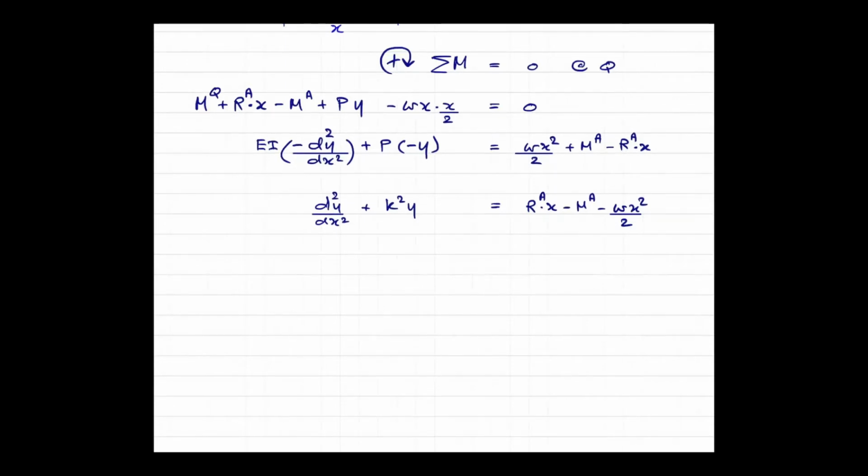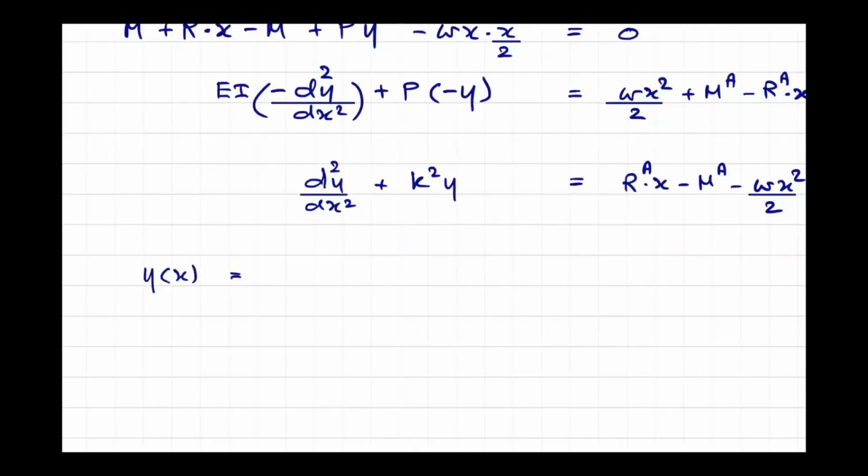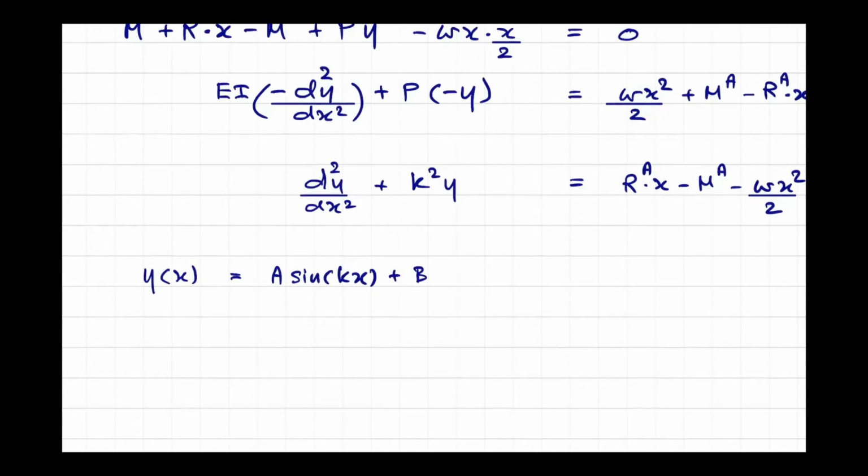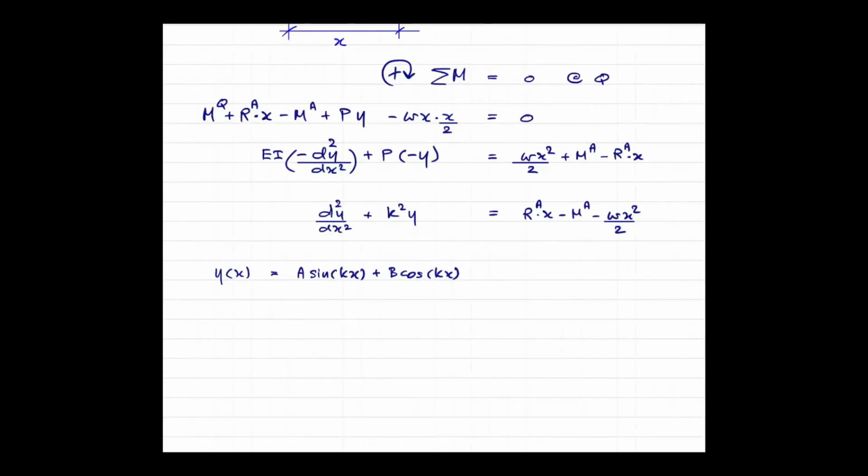So we have the homogeneous solution again, like before. I need to expand this a little bit because our particular solution will be a little bit different from before, because you need to incorporate the wx squared term in there in the particular solution.